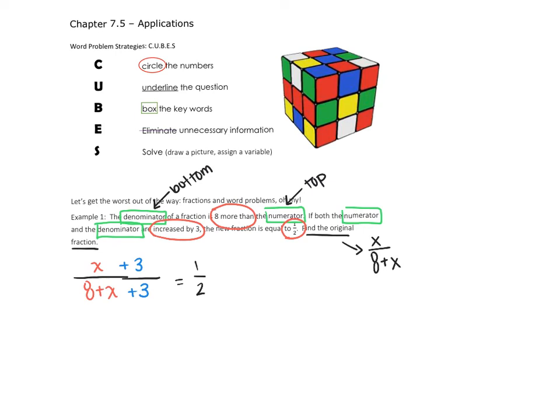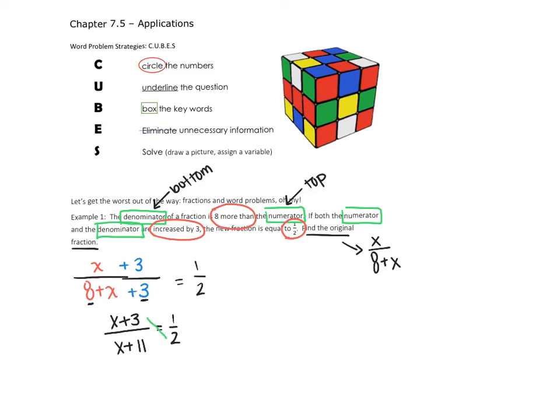So I've got x plus 3 on top. I can combine 8 and 3 and get x plus 11 equals 1/2.